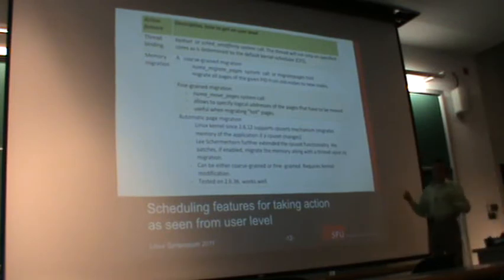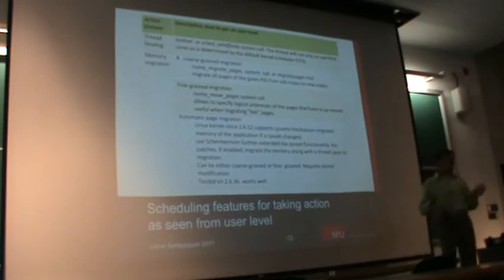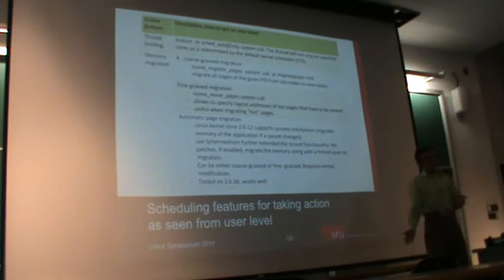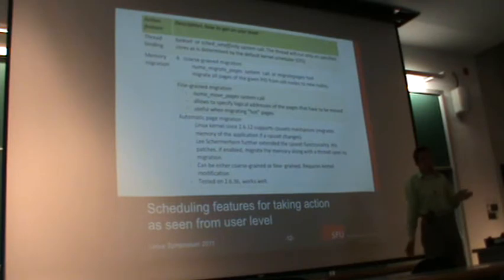This is good because there are no spikes in utilization of the bus. Some applications, for example CPU-intensive ones, have several gigabytes of memory footprint. You cannot migrate it all at once because the bus will be filled up with all of these pages trying to migrate, and the bus is not endless.